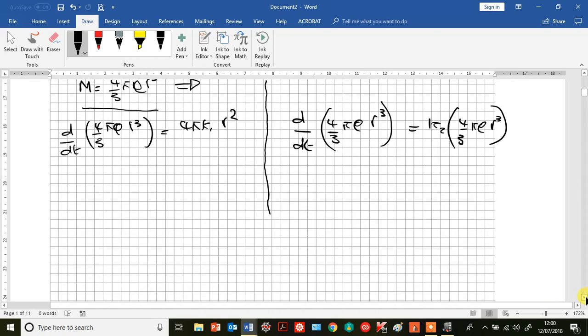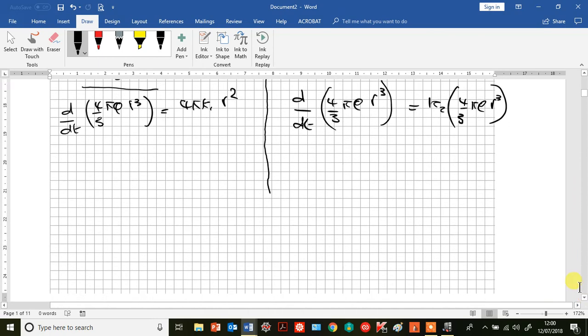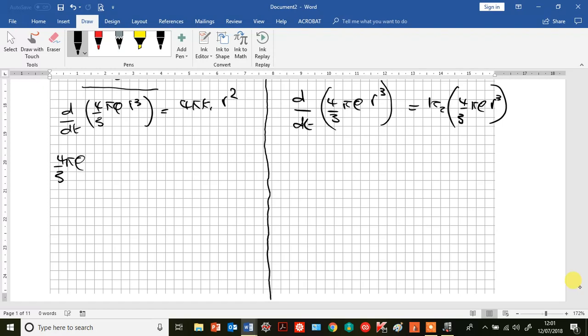Now we need to differentiate the left-hand side and simplify. We can take the 4/3 pi rho out of the equation, and then we differentiate with respect to t the r cubed. So we get 3r squared times dr by dt.